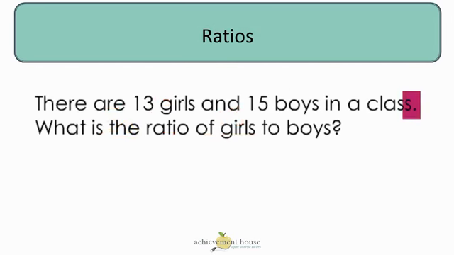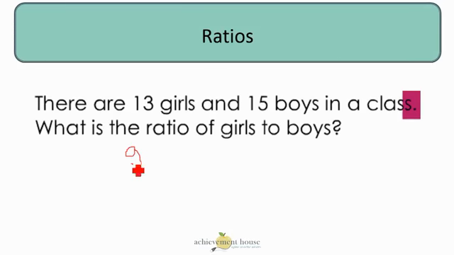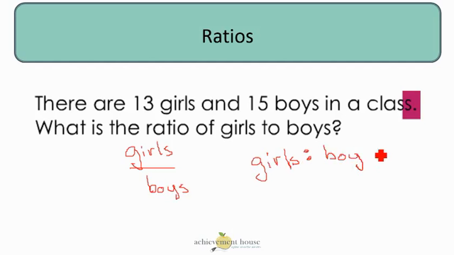So there are 13 girls and 15 boys in the class. So what is the ratio of girls to boys? Well, if I'm doing girls to boys, then I'm going to just replace the number of girls with the number of girls and then put the number of boys to where I wrote number of boys.